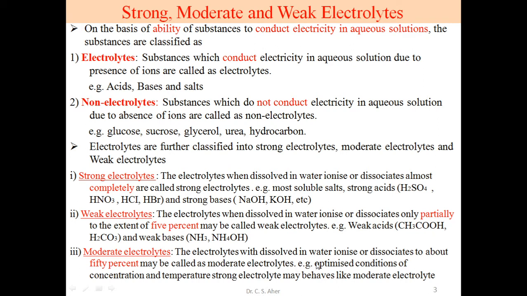For example, at optimum conditions of concentration and temperature, a strong electrolyte may behave as a moderate electrolyte. At that time it dissociates near about 50%, that is, half the quantity is ionized. So we have three types of electrolytes.